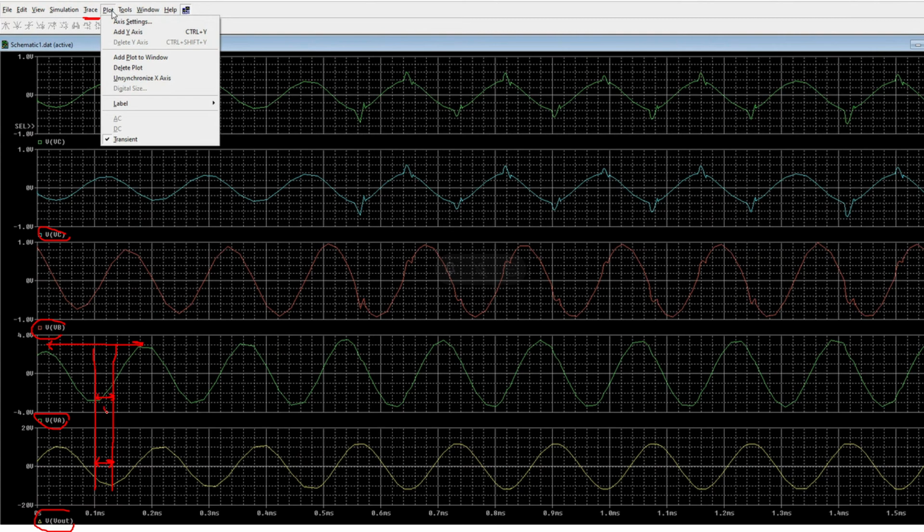So is that 60 degrees? So check. How many? 1, 2, 3, 1, 2, 3, 4, 5, 6, 7, 8. 8 is equivalent to 360, from peak to peak. So one box, you divide by 8, and then you see what is the value here. So check it with your simulation.